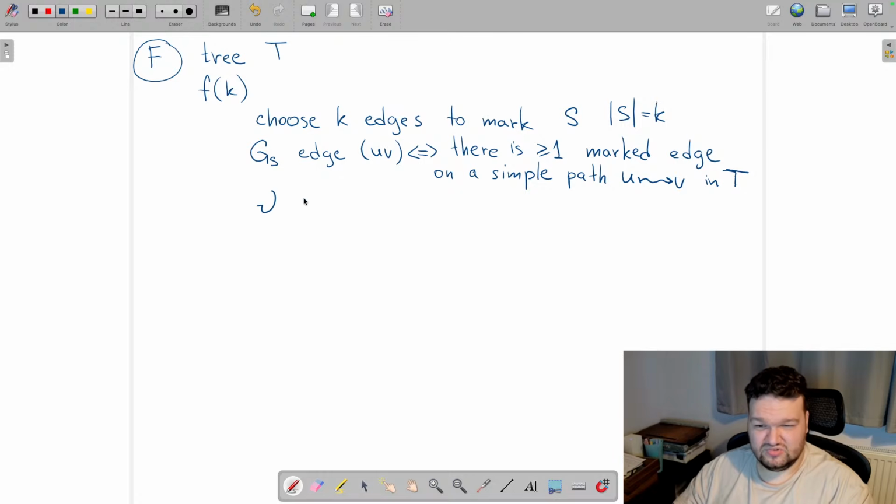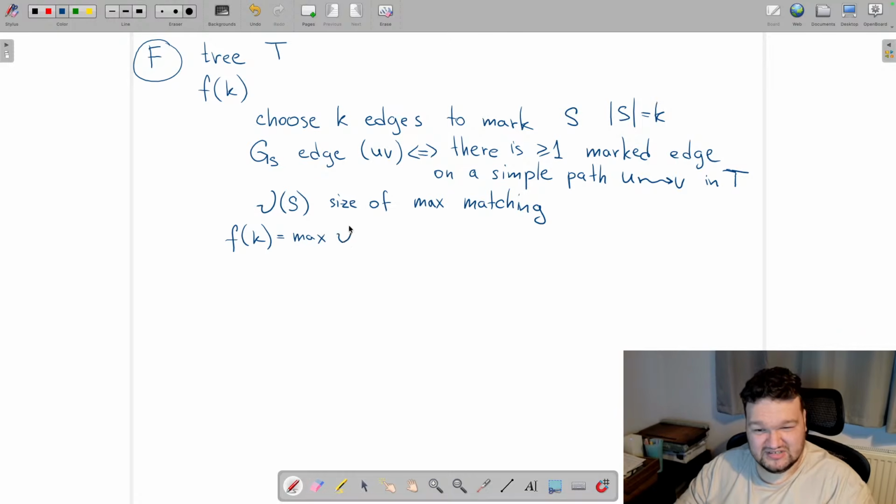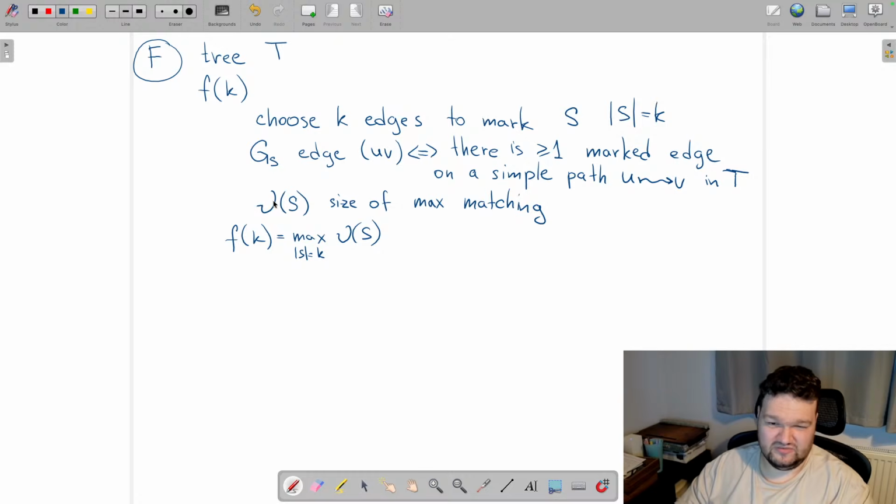Let's say nu of S is the size of the maximum matching in this graph, and then f of k is the maximum of this over all sets of size k, and we needed to find f of k for every k from 1 to n minus 1.